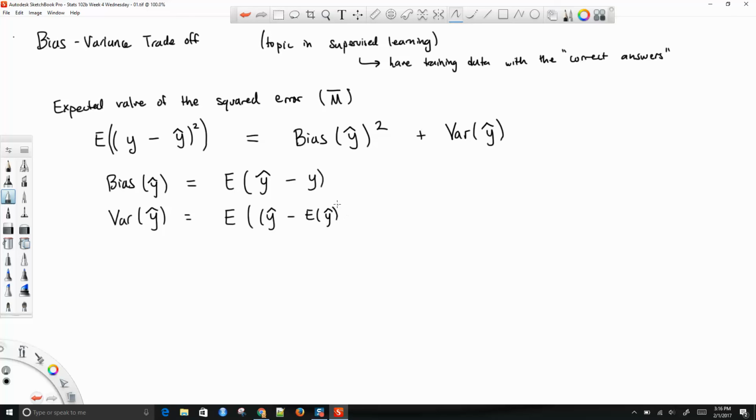So it's each y hat versus the mean of y hat, squared.